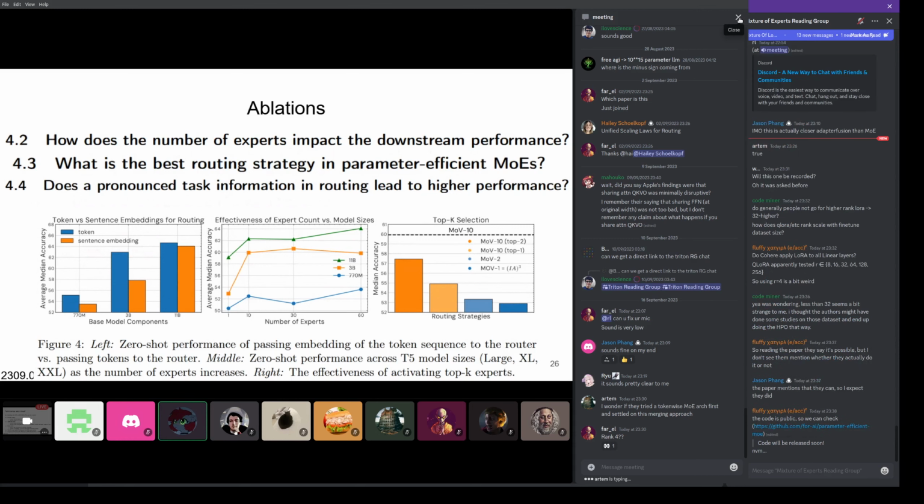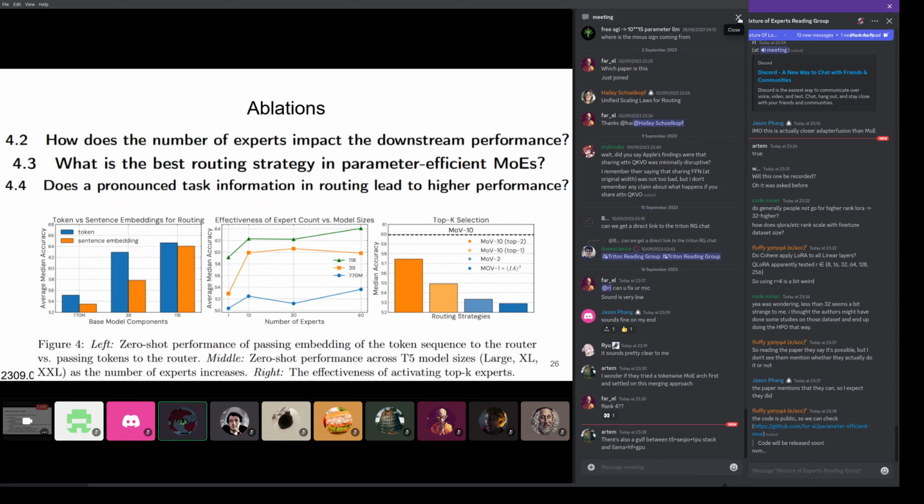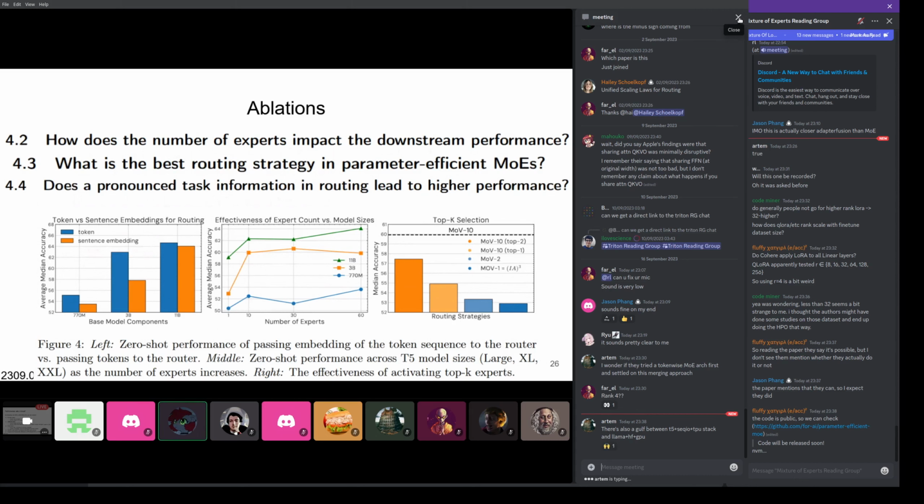Whether the routing strategy should be a sparse strategy, like top K selection, as is done in most normal MoE papers, or whether you should be doing the soft mixing as they end up mainlining in their paper, and whether certain inductive biases are important or not important in helping out for their mixture of experts routing.